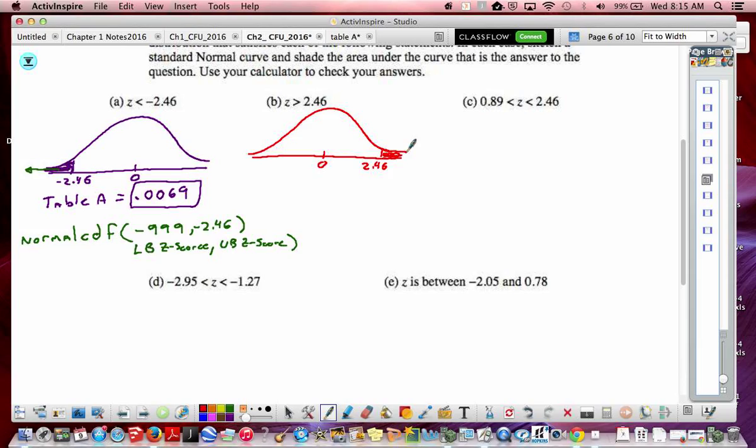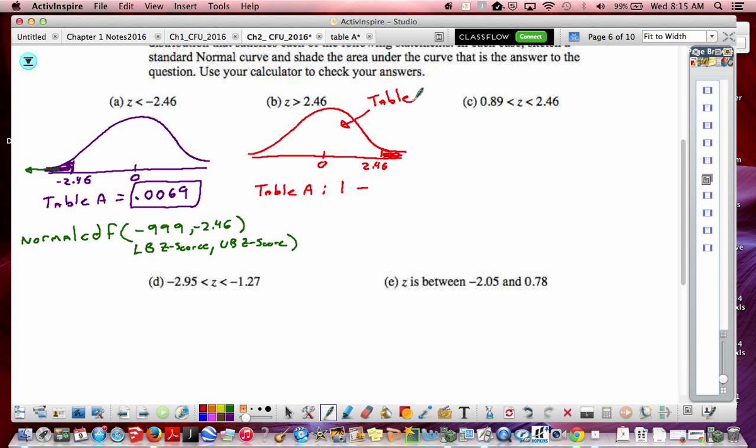In the end, it will be. But I want to show you that anytime you have a greater than, when you're using table A, you're going to go 1 and you're going to subtract the area, because table A will always give you the value less than.